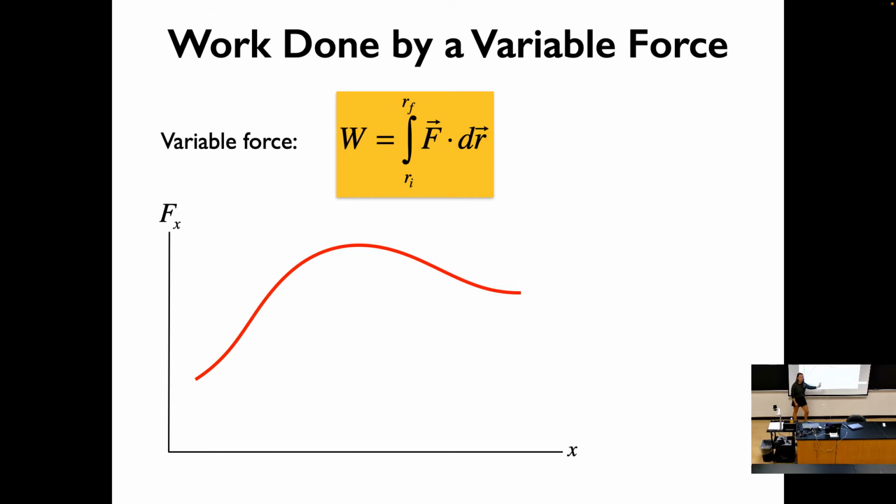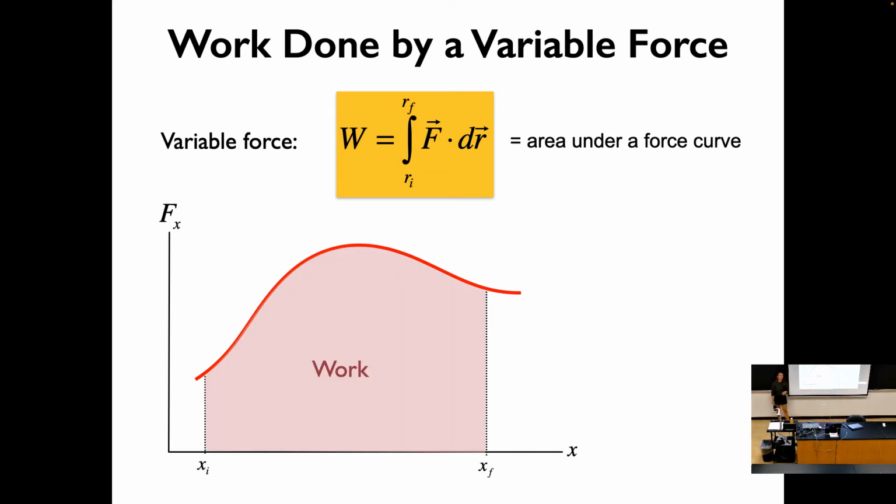What does it look like to take an integral of this? Here's our initial position, here's our final position. You just find the area under the curve, okay? So this is your work, all right? It's the area under the curve of this variable force, okay?